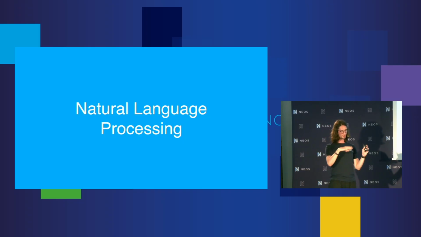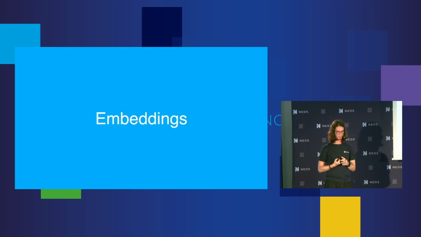So those words you enter, or your text, your documents, your books, everything in your database or on your site, we want that to be converted into some kind of mathematical thing that the computer can work with. And that thing is called an embedding.